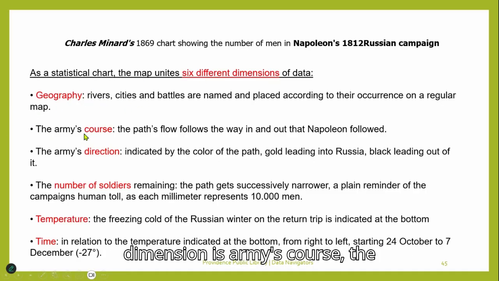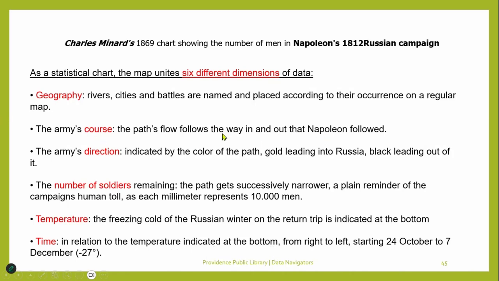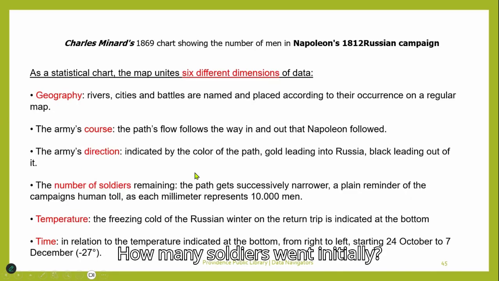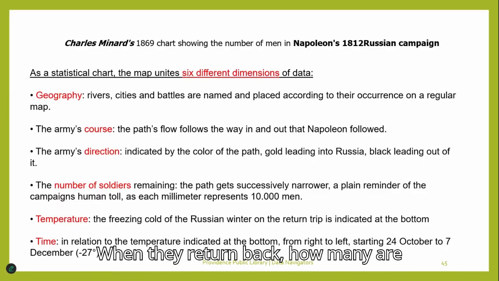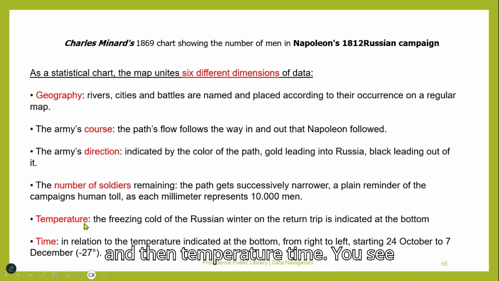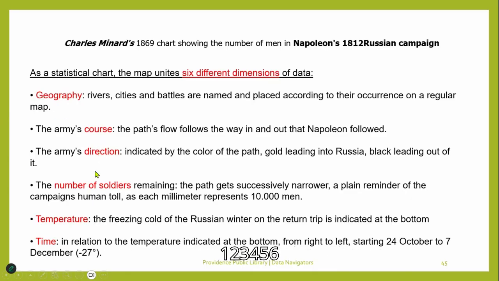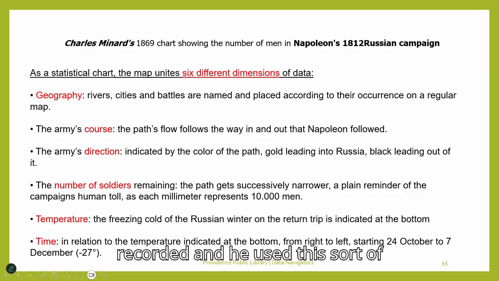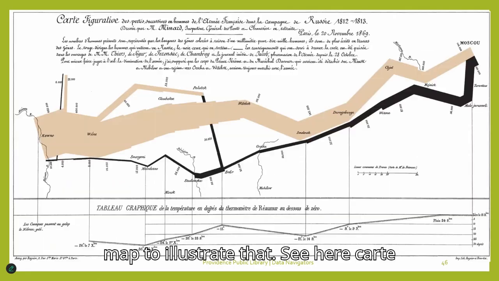The second dimension is the army's course, the path they followed, and then direction, and the number of soldiers: how many soldiers went initially, and when they returned, how many are alive? So that is the soldier count. And then temperature, time. You see 1, 2, 3, 4, 5, 6 attributes he has recorded, and he used this sort of map to illustrate that.